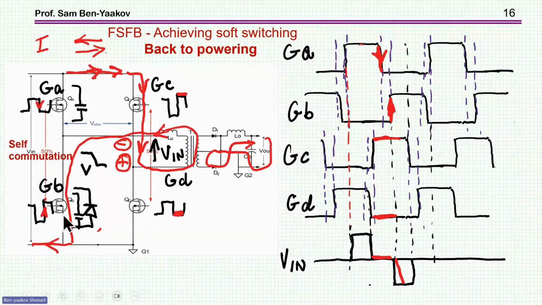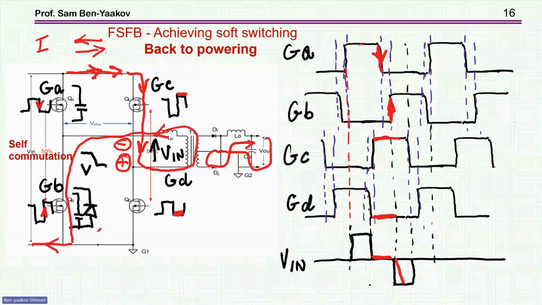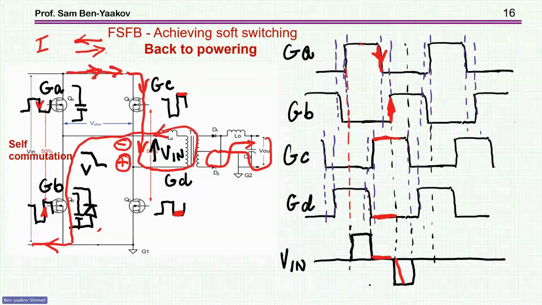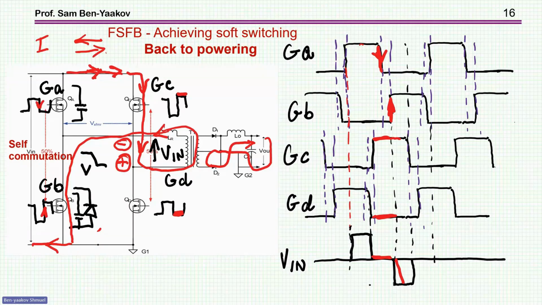And then, of course, once the current is going this way, when I turn off this transistor, I'll have again this pseudo zero voltage switching. So by this sequence, I've actually eliminated this hard switching case, and I have either full zero voltage switching or this pseudo zero voltage switching. This is the idea of the phase shift full bridge.